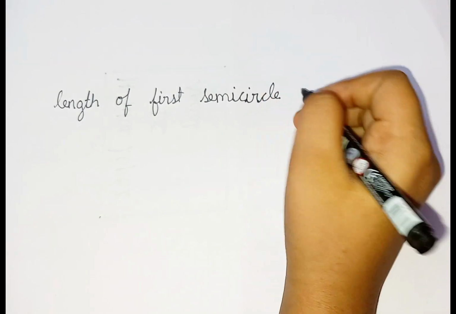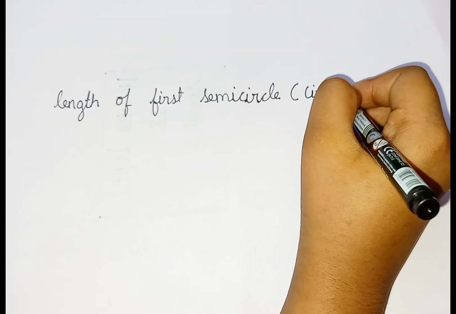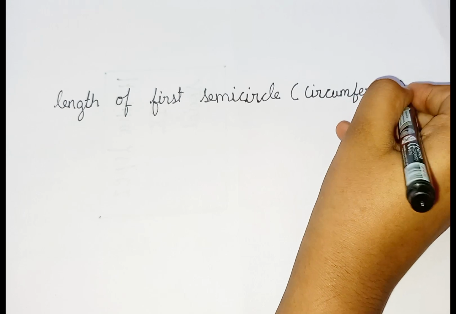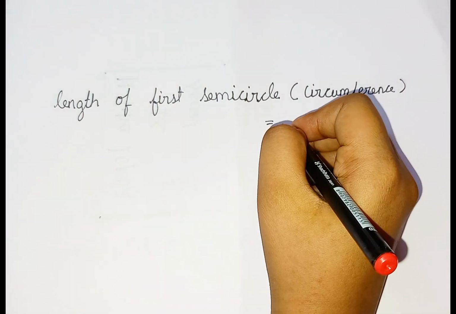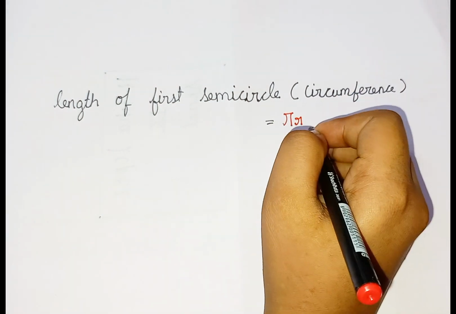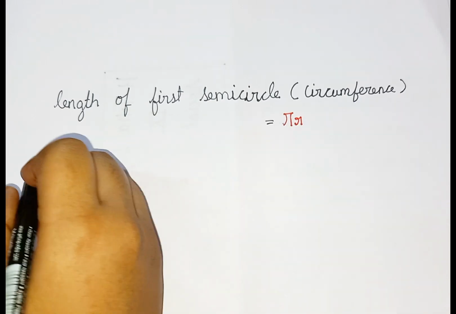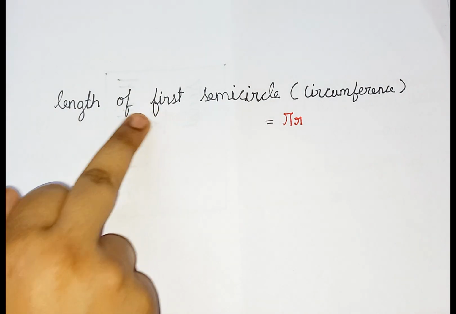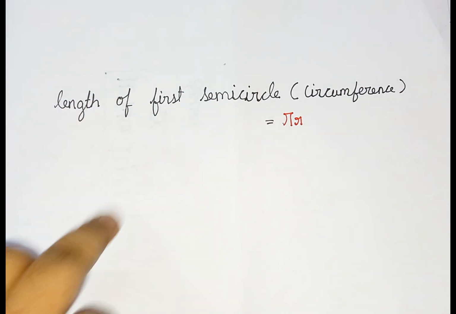So length of the first semicircle, that is the circumference, is equal to, as I just told you guys, pi r. That is the circumference of a semicircle. Likewise, I am going to write length of second semicircle and length of third semicircle.